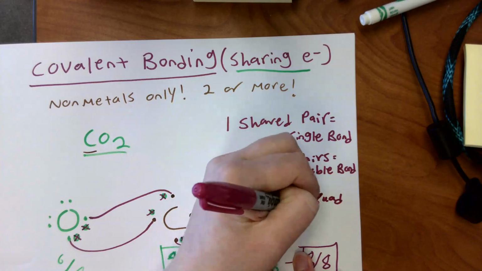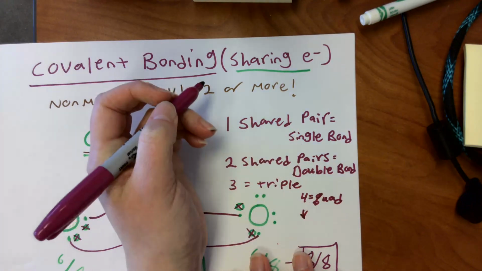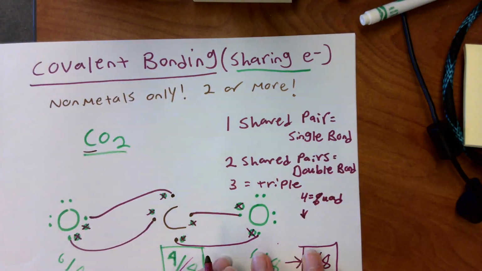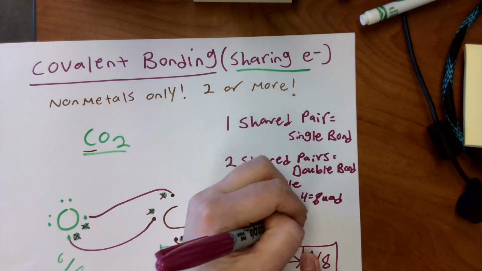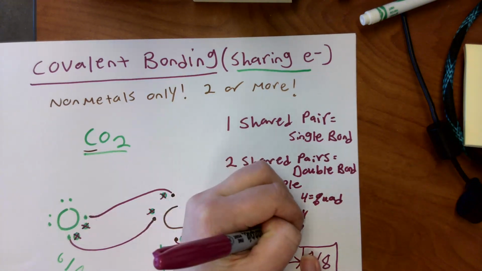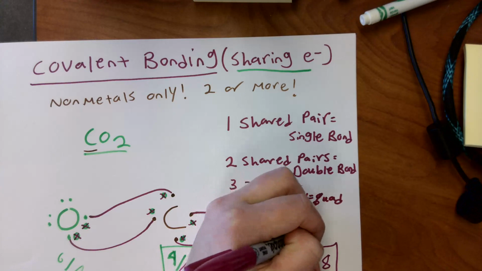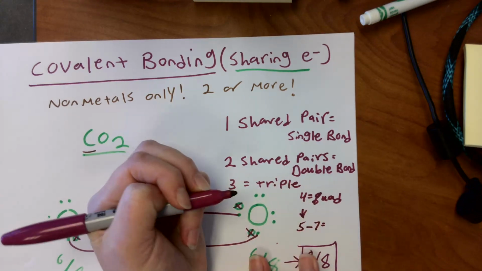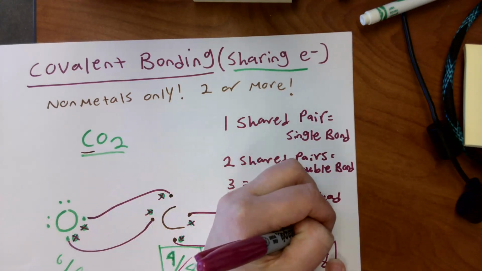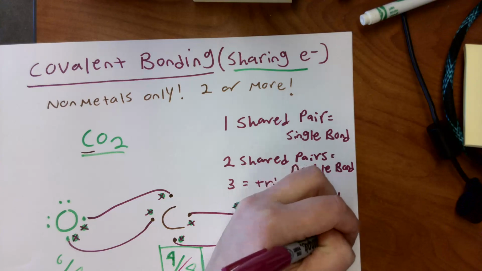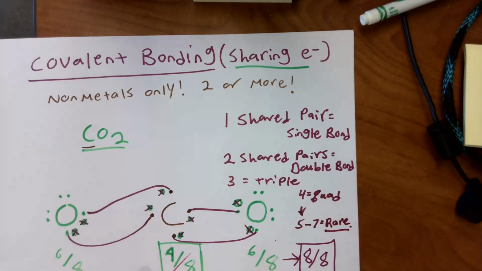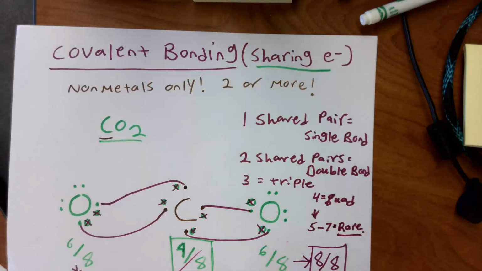So on and so forth up the way until you get to 8. Granted, things past 4 bonds, things like 5 through 7 shared pairs, are almost unheard of, and these are rare. They do have names for these bonds, but they're very, very rare.